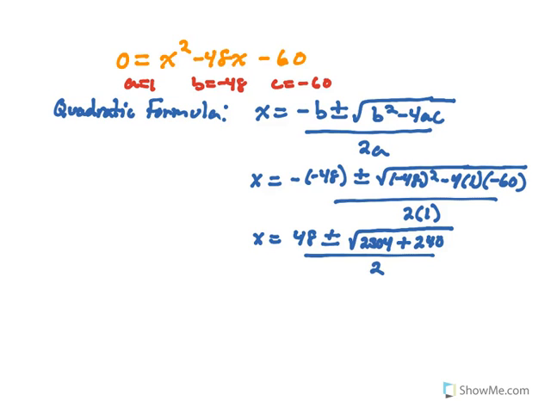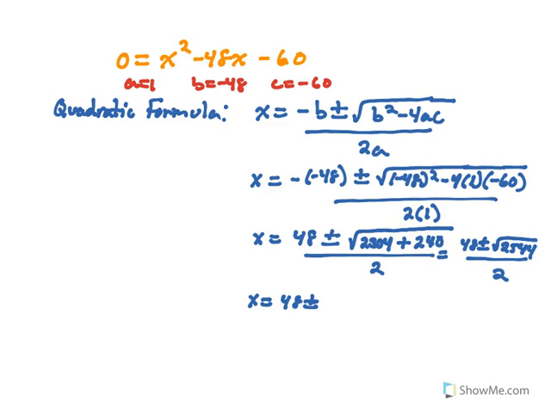So this is going to give me 48 plus or minus the square root. Now we add 2304 and 240 to that, and you're going to get 2544, all over 2. And we need to find the square root of 2544.